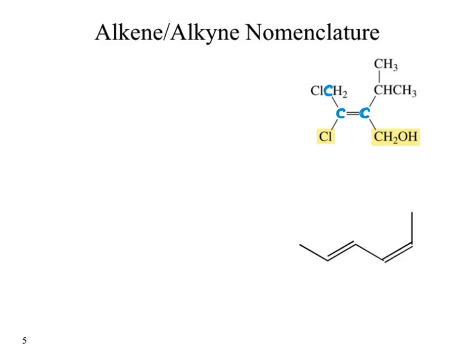The OH is the highest priority functional group, which means it has to be in the backbone of the chain. Right? Has to be included. Which means my longest carbon chain is 4, and I end up with but for 4.